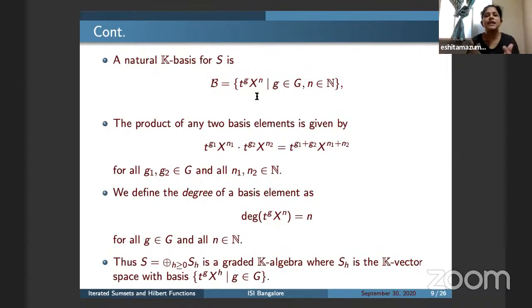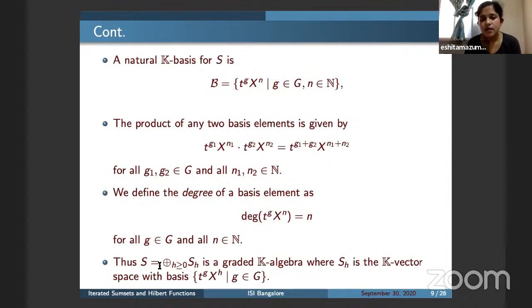If I take any two basis elements, let's say T power g1, X to the power n1 and T power g2, X power n2, then this multiplication is given by T power g1 plus g2 and X power n1 plus n2. And if I take any basis element from here, its degree is defined to be equal to n. Okay.